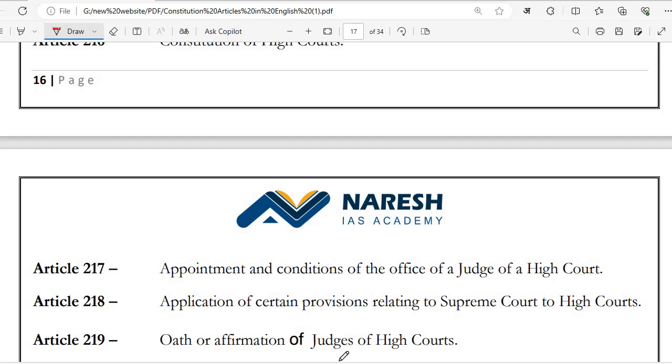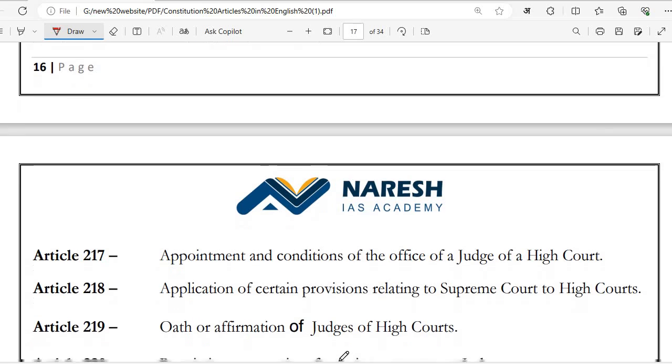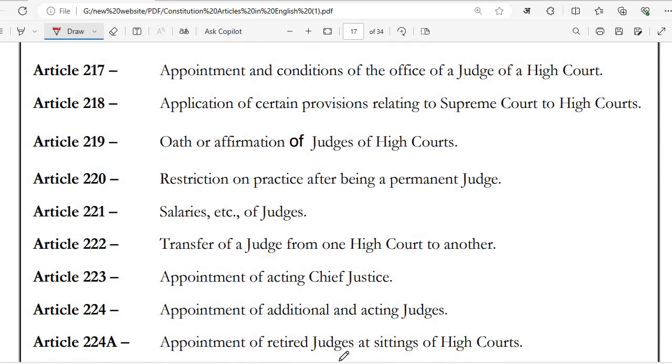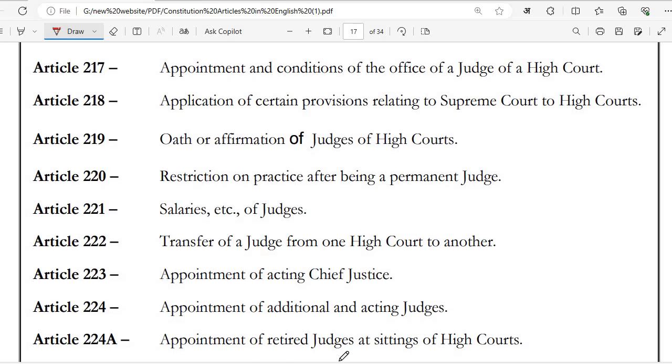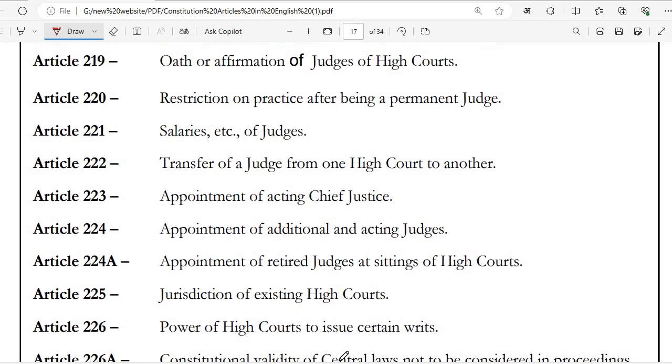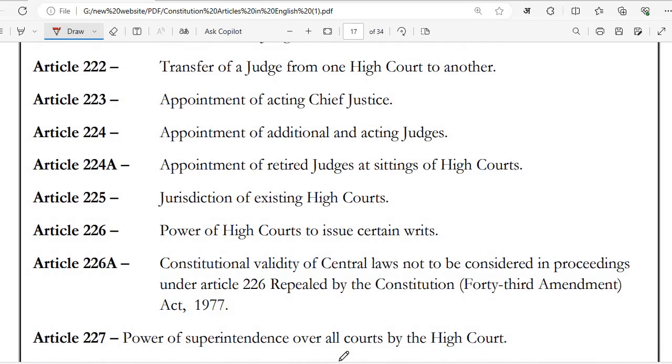Application of certain provisions relating to Supreme Court to High Court, oath affirmation of judges of High Courts, restriction on practice after being a permanent judge, salaries, allowances, transfer of judge from one High Court to another High Court, the president can transfer any judge of High Court to another High Court, appointment of acting Chief Justice in case the existing Chief Justice is absent, appointment of additional judges, acting judges, jurisdiction of High Courts.